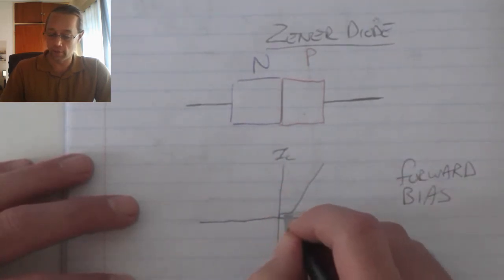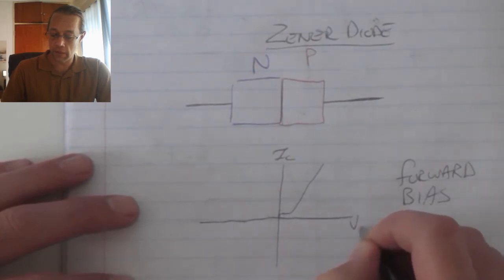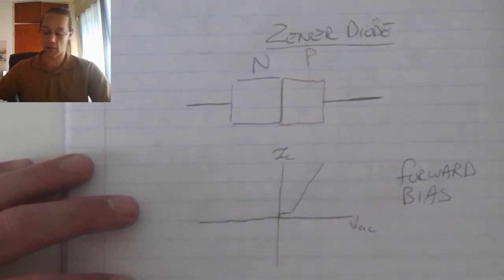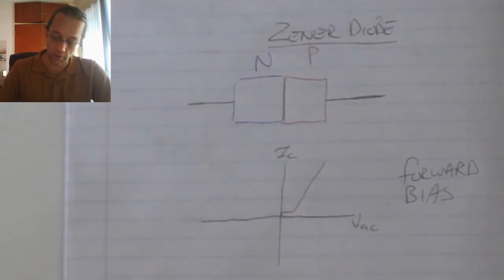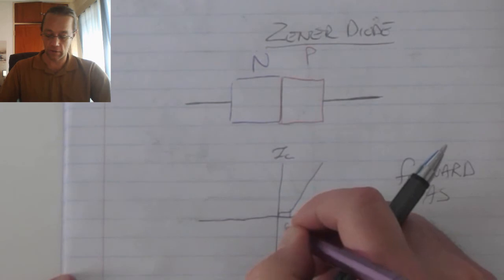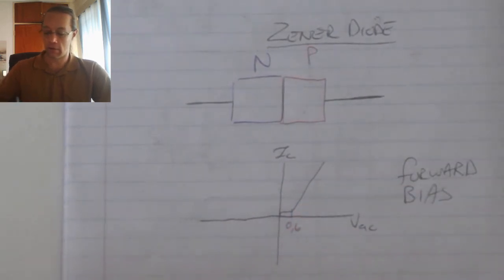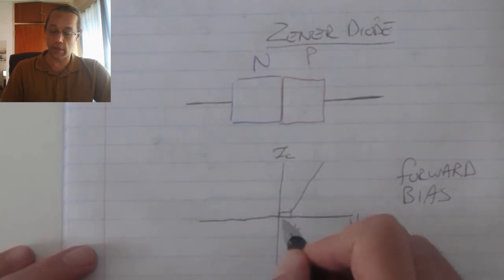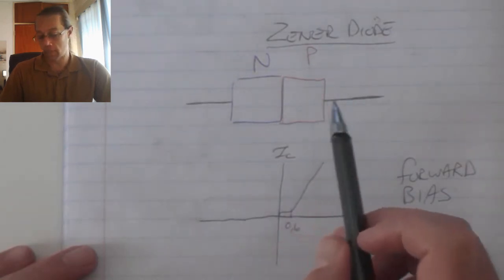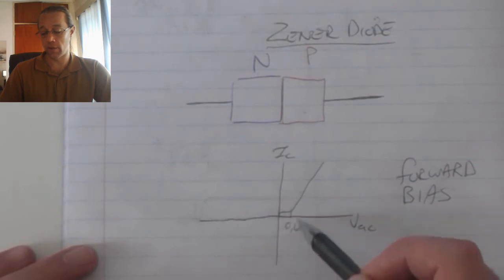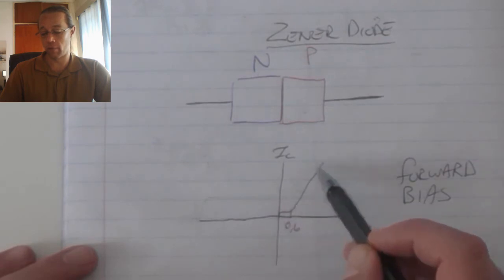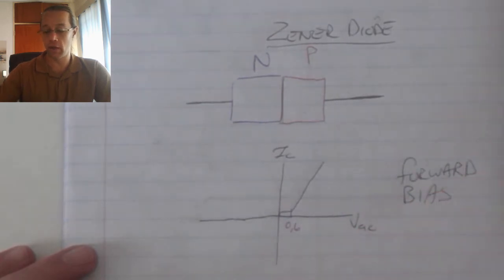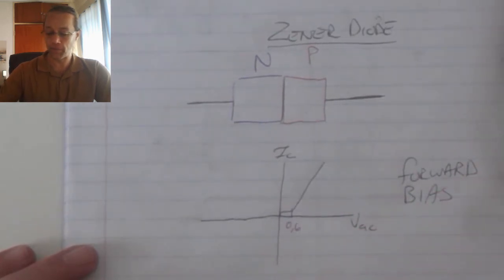I get a small leakage current at low voltages, and then as my voltage increases, once it reaches 0.6 volts or 0.7 volts, that value will depend on which actual Zener diode we're using, but typically around 0.6 volts we will gain forward conduction in connection with this series resistance and applied voltage.